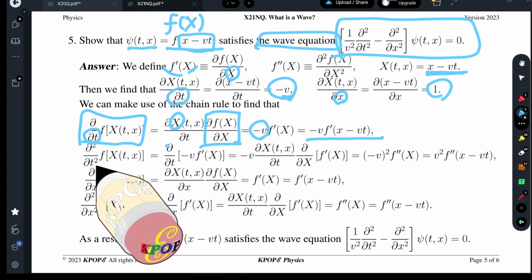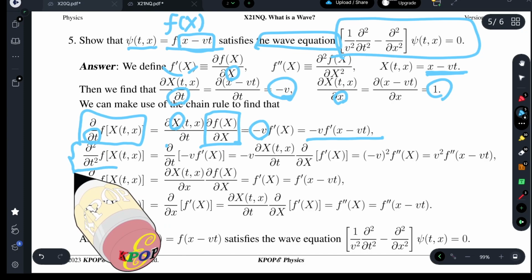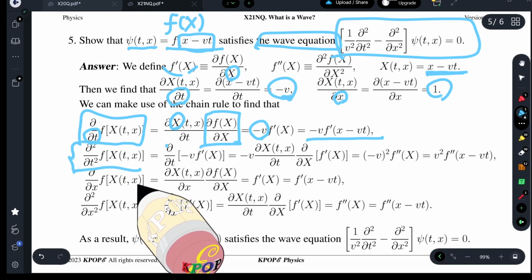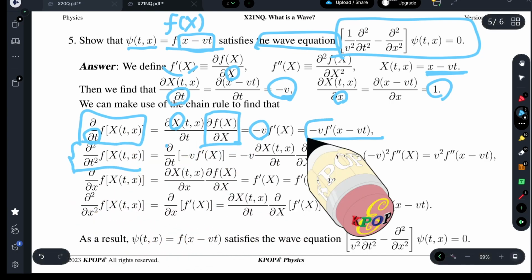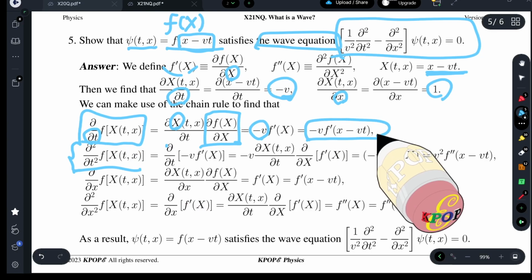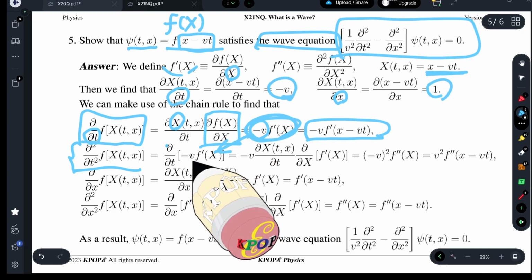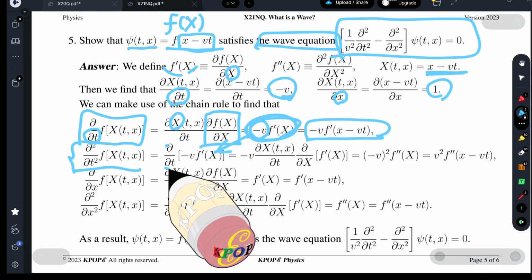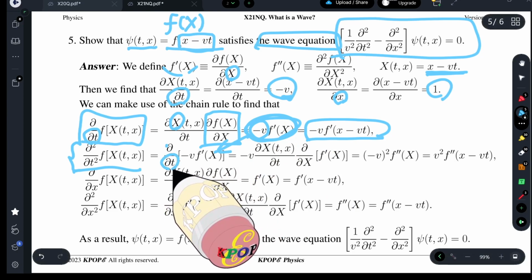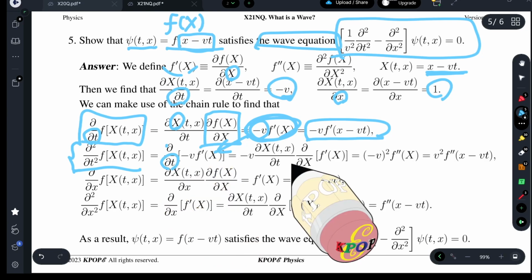What happens if I take the double time derivative of f of capital X? First of all, the derivative is given in here, so why don't we copy this one in here? And v is a constant. This time derivative can be made again by using the chain rule.